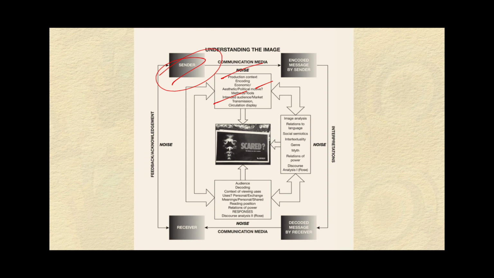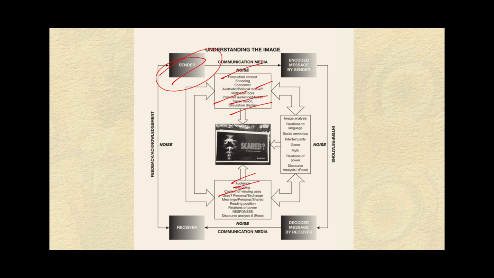So again, the way you take a picture for a child would be different, for example, from someone who wants to consume R18 content. Definitely the way you compose a picture, how it's transmitted and how it's displayed, and then who your audience is, and how they decode. Do they know the context of what they're viewing?